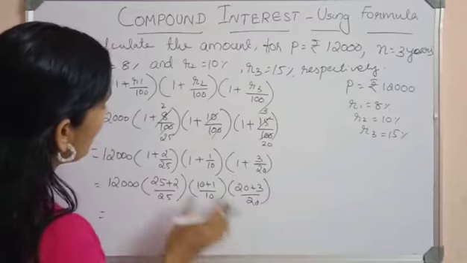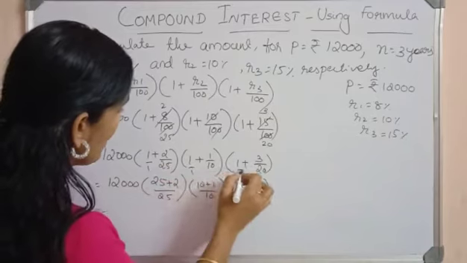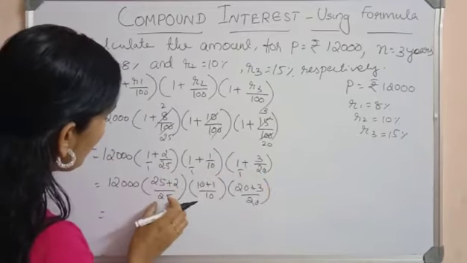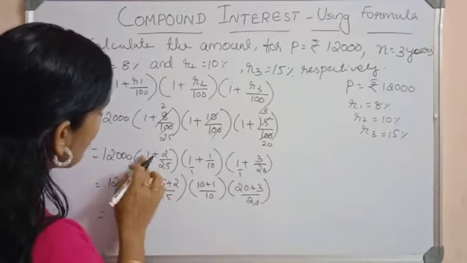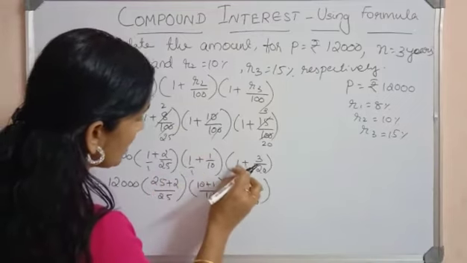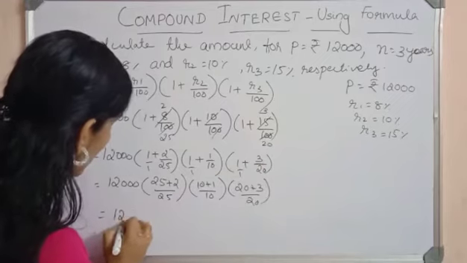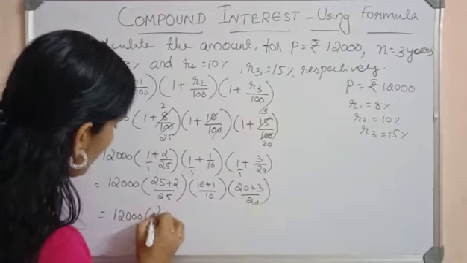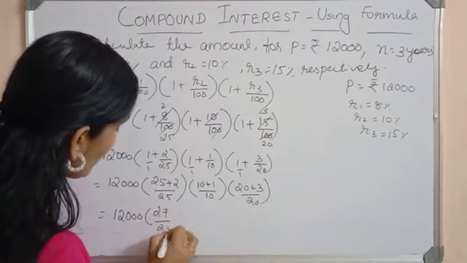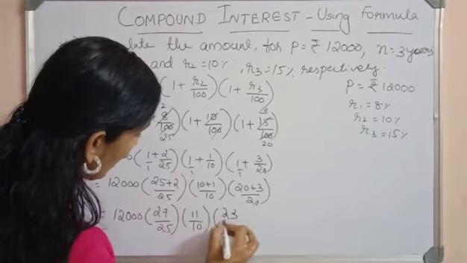This we get by taking the LCM of these fractions given here. This is 25 is the denominator and the LCM, and here this will be 25 plus 2, and in this case 10 plus 1 by 10, and here it is 20 plus 3 by 20. So you will get this as 12,000 into 27 by 25 into 11 by 10 into 23 by 20.